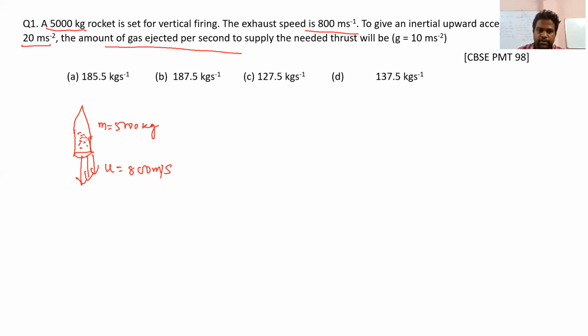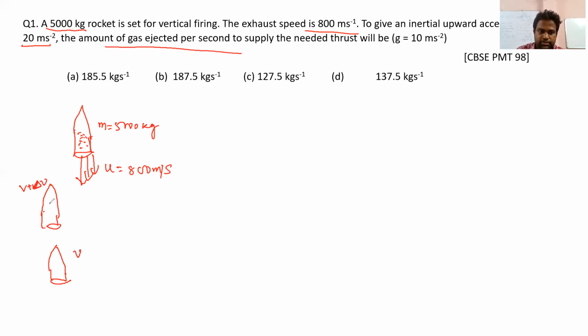So suppose this is the initial case. This is the rocket, which is just the initial condition. And let's say the rocket started with a velocity v. Then after some time, the rocket will have, let's say the velocity increases to v plus delta v.